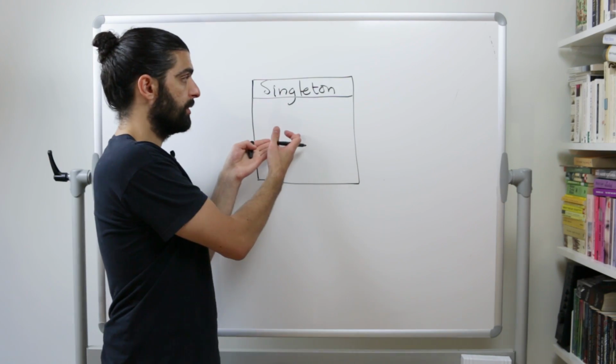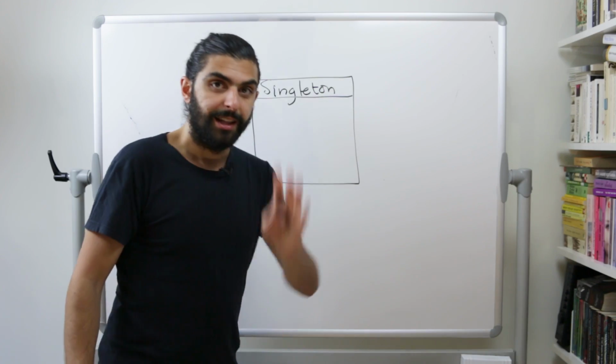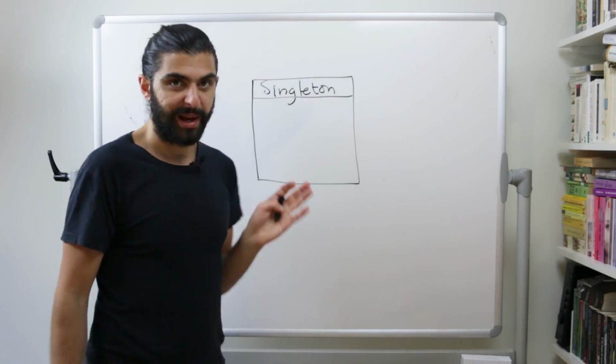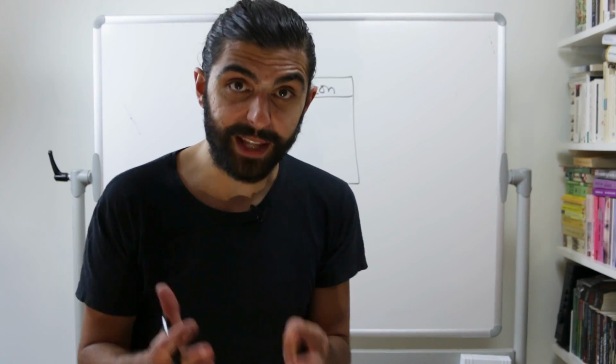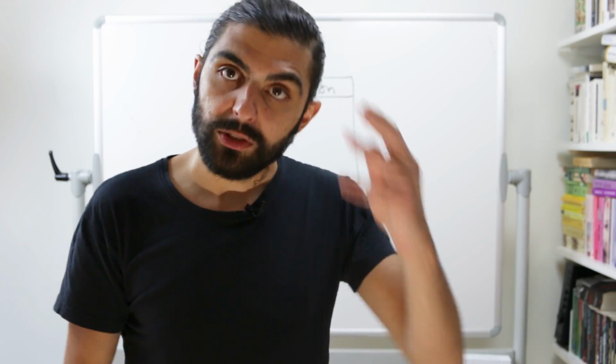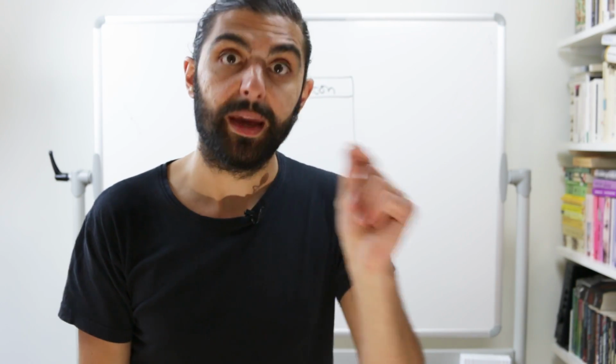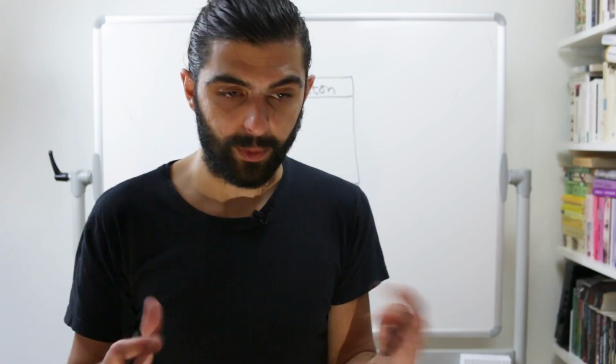But what actually goes into this singleton class? Here's the thing. The key about the singleton pattern, and this is why I think it's extremely interesting and what sort of messed with my head the first time I heard about it, is that the constructor of the singleton we make private. When I heard that, I had never thought about that before. I mean, the constructor is public so that you can construct instances of the object.